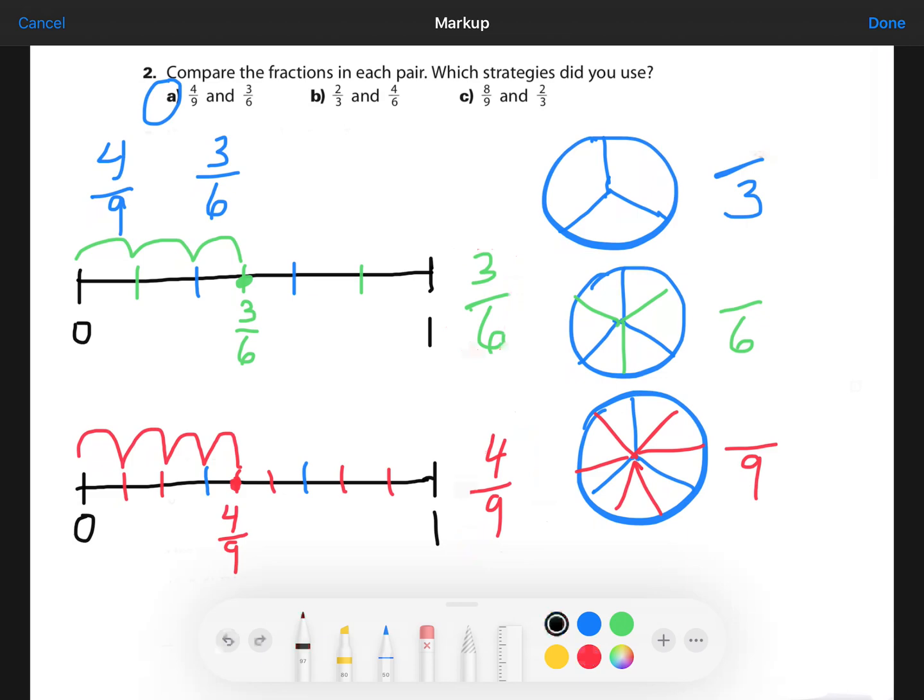Now I'm going to take my imaginary ruler, and coming down from here, I can see where 3/6 would land on the second number line, approximately here.